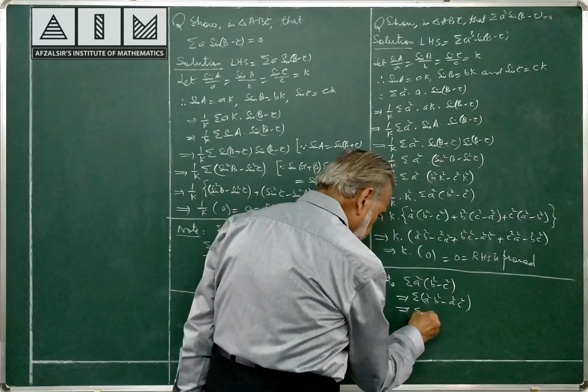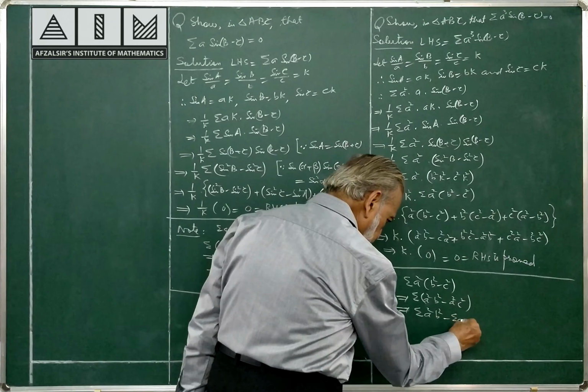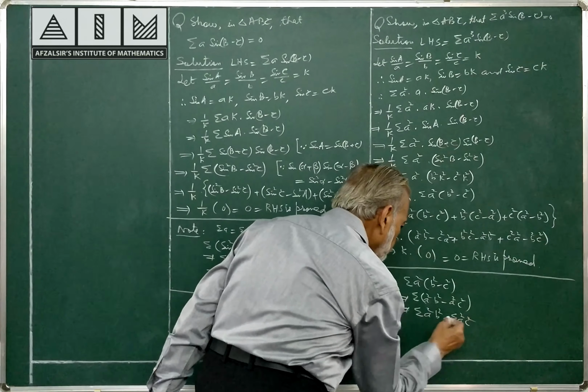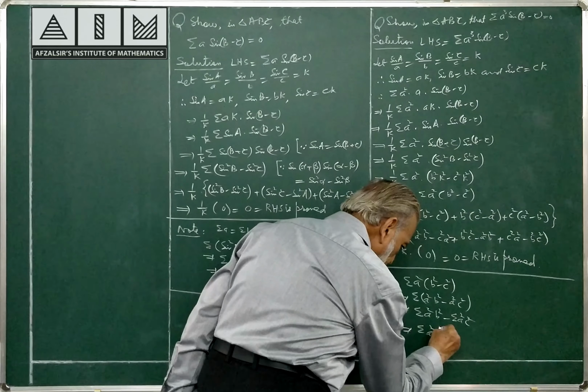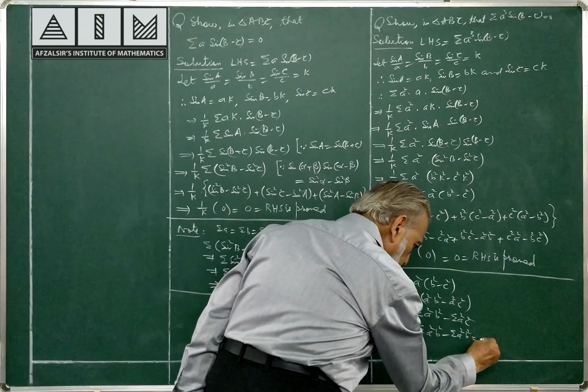Operating sigma, sigma a square b square minus sigma a square c square. You know both are same. So, this is sigma a square b square minus sigma a square b square again, that is 0.